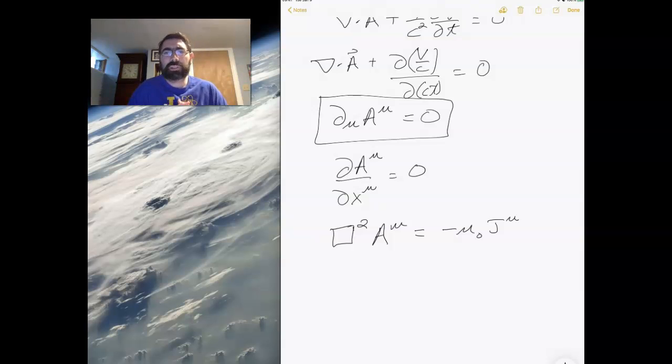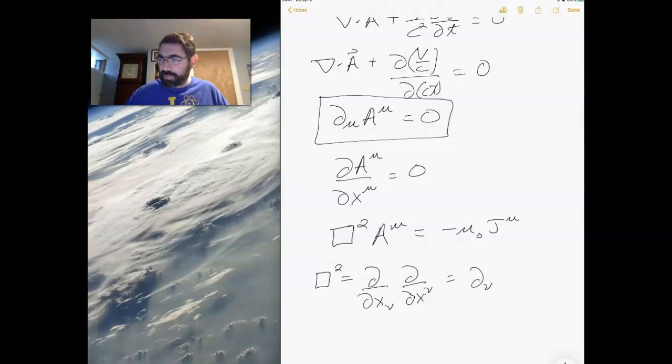But that square term doesn't really look like a tensor, so instead we should probably rewrite it. It already has the time and the spatial derivatives built into it. In the end, it is just a dot product of these two derivatives, just like the Laplacian.